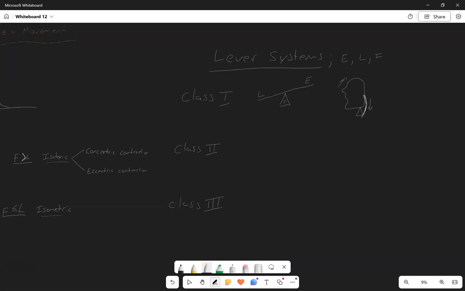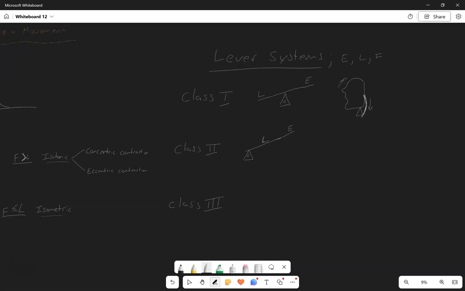In a class 2 lever system, you have one where the pivot point or the fulcrum is on the outside. You have the load that is in the middle, and you have the effort, which is on the outside.